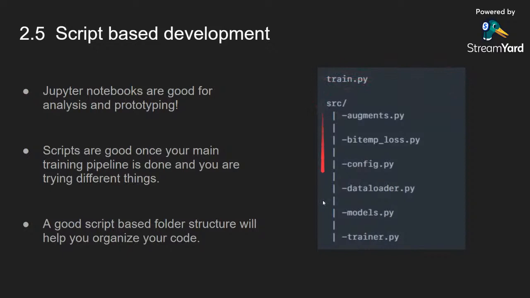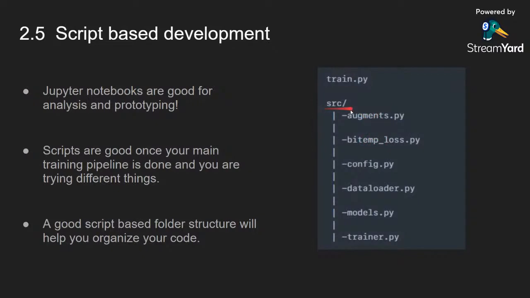So this is the sort of structure that I follow: train.py is the main calling file. This is where all the code is executed. You load the data, pass it through the data loaders and the pre-processing pipeline, and execute the code.